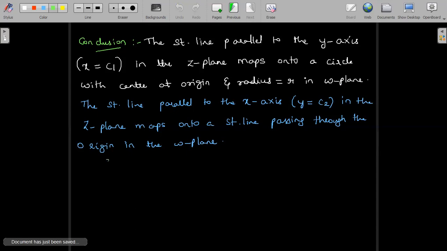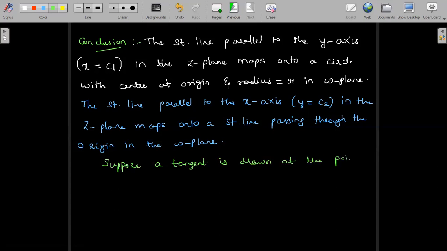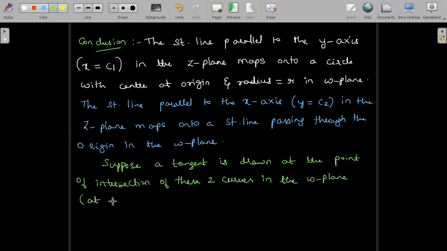Suppose a tangent is drawn at the point of intersection of these two curves in the W plane, at the point P, then the angle subtended is equal to 90°.